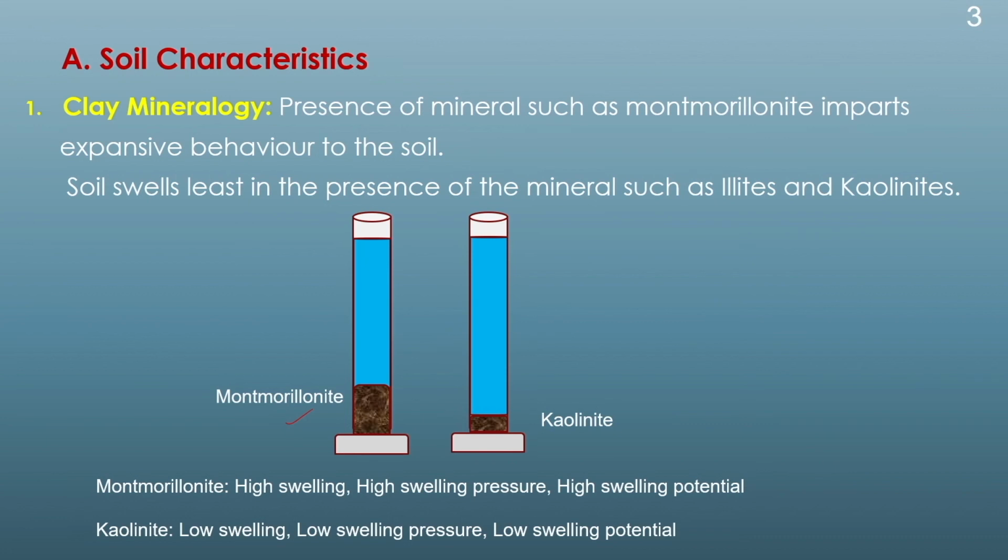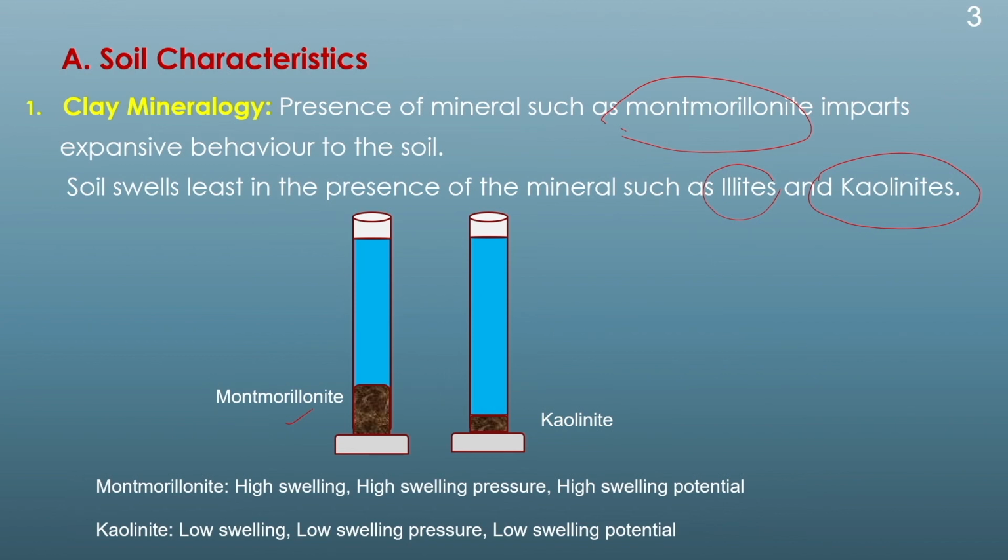Therefore, if a soil consists of a mineral which is highly expansive in nature, the soil will also expand to a very high extent. For example, if a soil consists of the mineral montmorillonite, then it will have very high swelling characteristics or swelling tendency. On the other hand, if the soil consists of a mineral like kaolinite or illite, then the swelling will be a bit different.